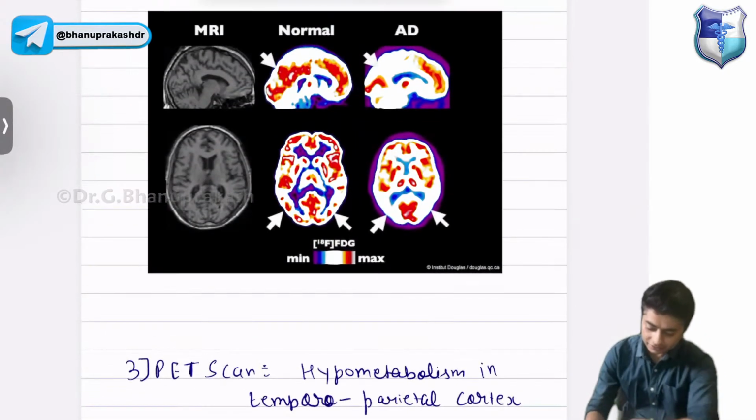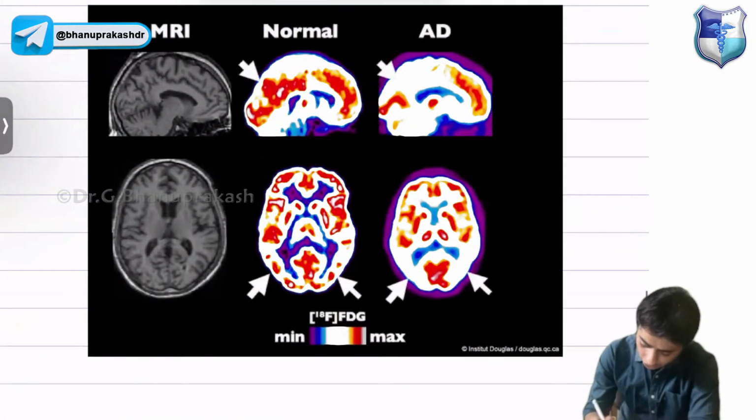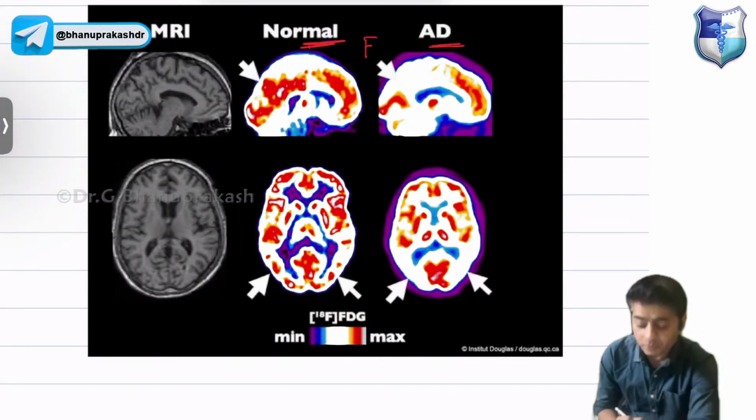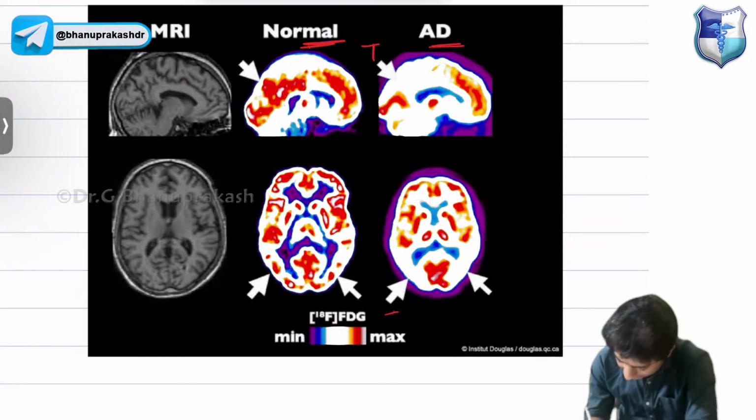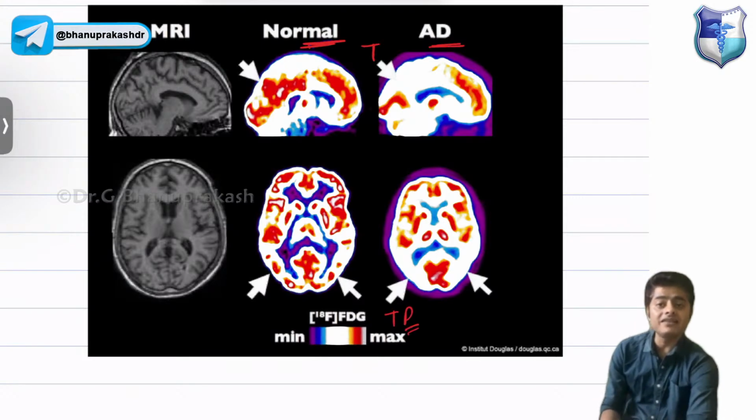See this diagram. This is a normal patient. And in an Alzheimer disease patient, see in this temporal lobe, and here this temporoparietal lobe, there is hypometabolism.